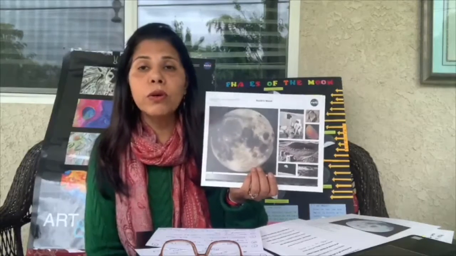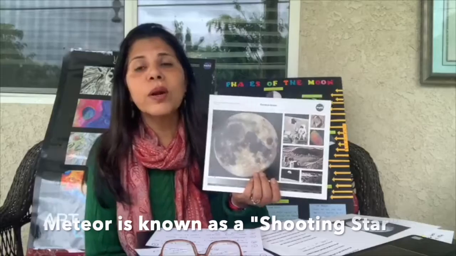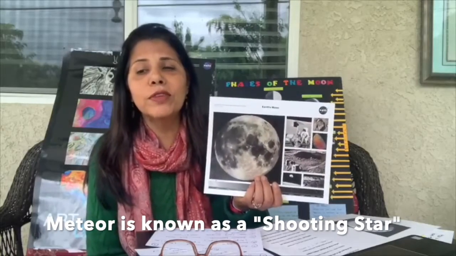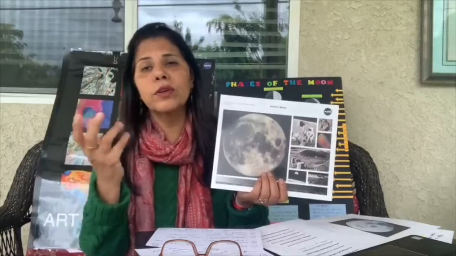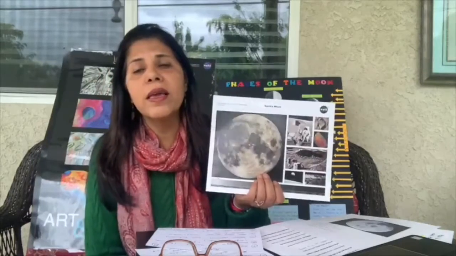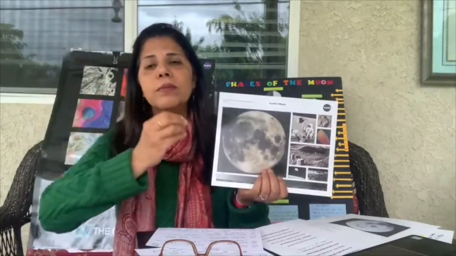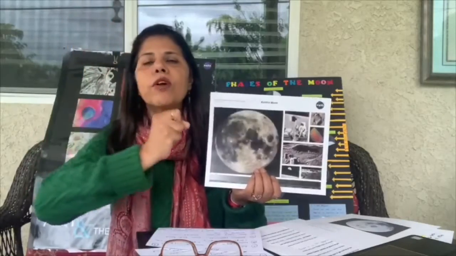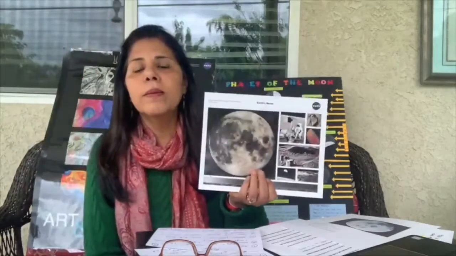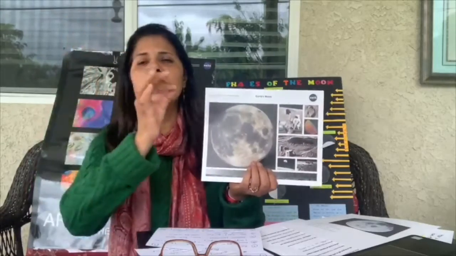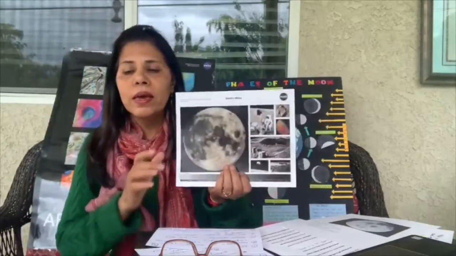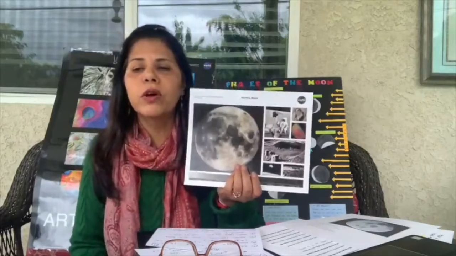They are also the shooting stars. If you have ever observed a shooting star in the sky, that's what a meteor is. That's the meteor falling from space, and that's how it looks. They appear as bright streaks across the sky, and people call this the shooting star.